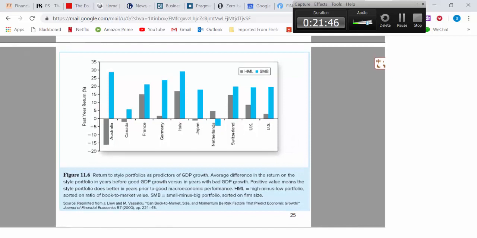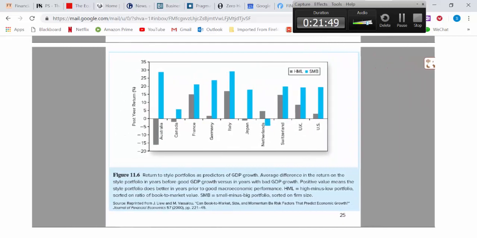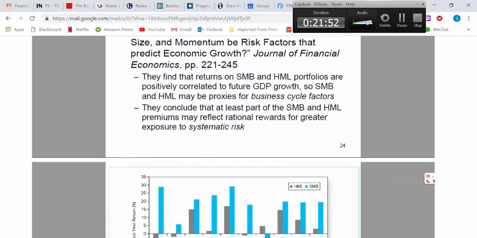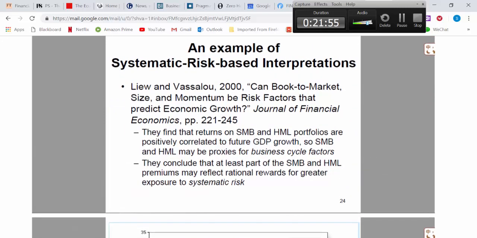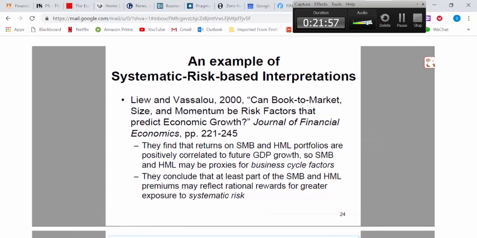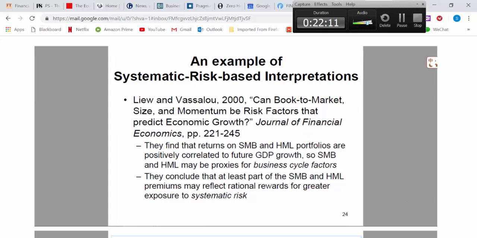Now, what is this? First of all, this is an interpretation of some of these so-called anomalies that are put forward by behavioral guys, and they are saying that portfolios with high price to book, or small companies, tend to outperform the market in the long run.